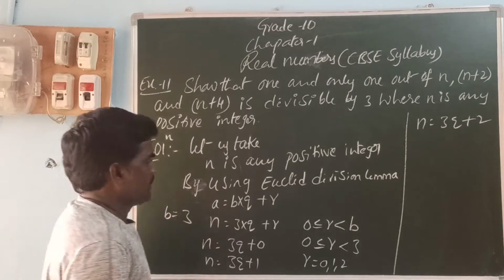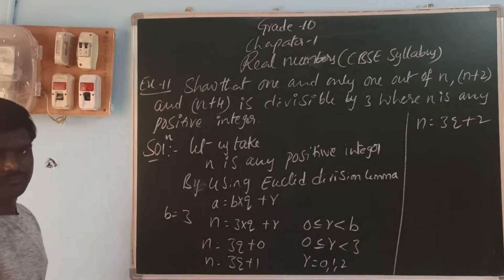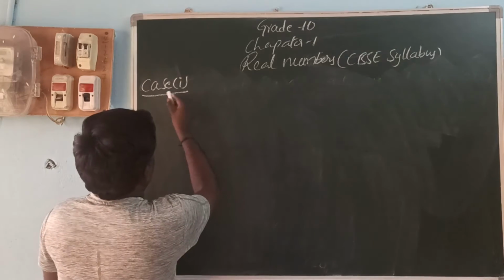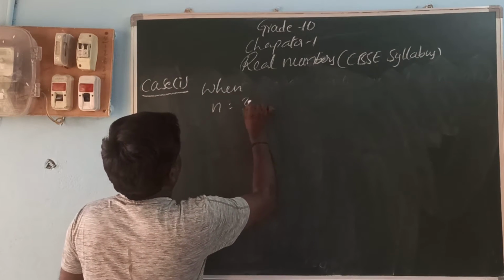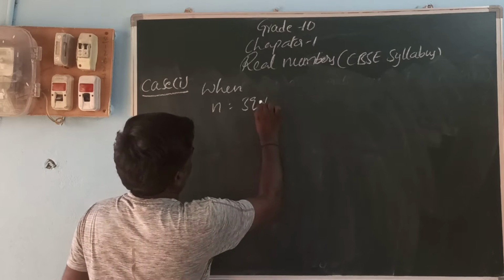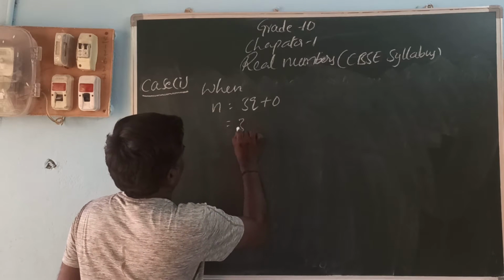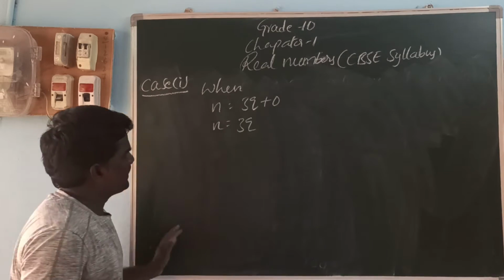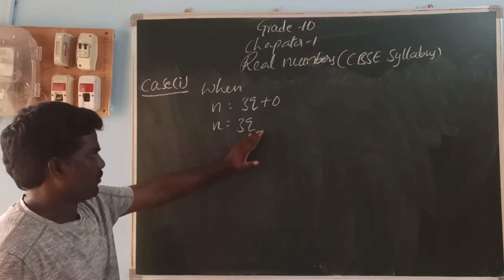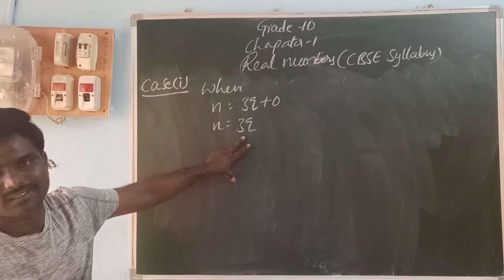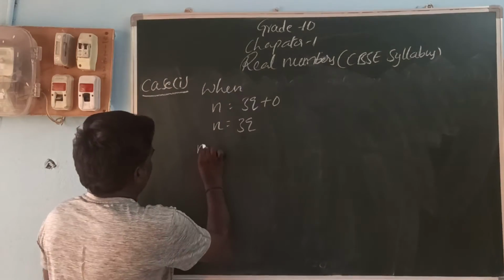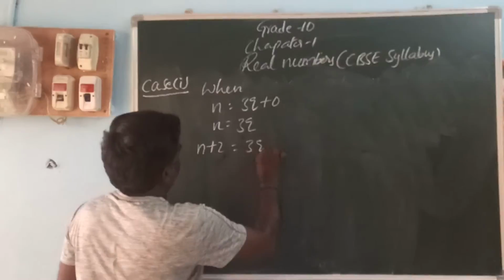Okay, so here case 1: when n is equal to 3q plus 0, nothing but 3q. So here n is equal to 3q, that means n is a multiple of 3. Multiples of 3 are nothing but divisible by 3. Next, n plus 2 is equal to 3q plus 2.